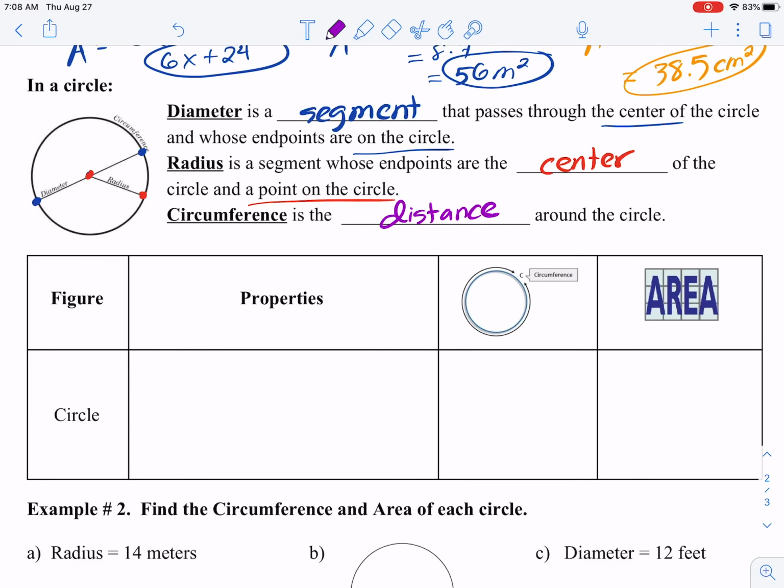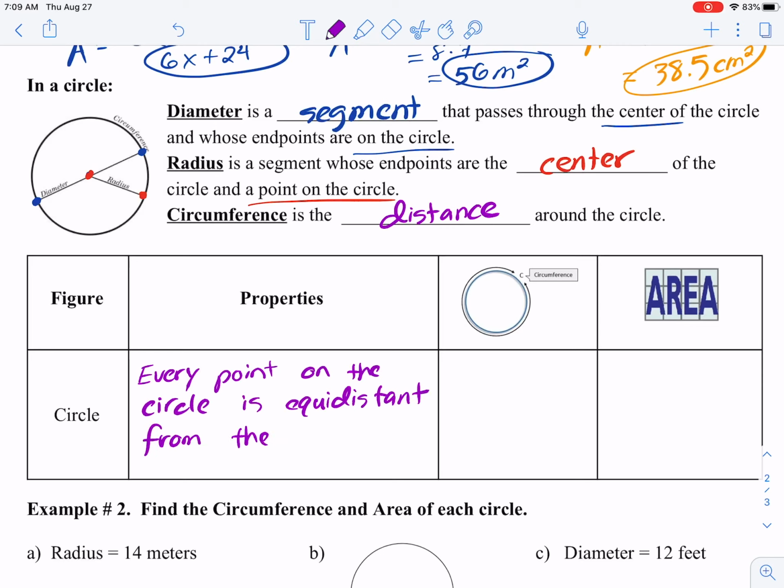Our definition of a circle is, or our one and only property, is that every point on the circle is equidistant, meaning of equal distance from the center.